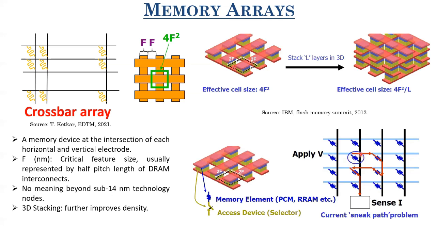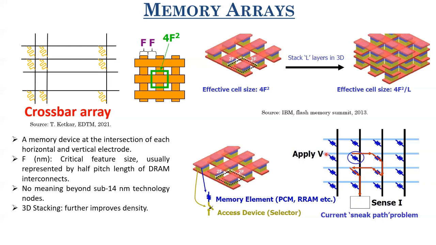Let's say this is the device which I want to read. Since it's at the intersection of this row and this column, I put my amplifier or sensing circuitry on this column and apply my voltage to this row, so that the current goes through this and then I read it out. To measure the resistance, effectively we can measure the current, and that gives you the resistance as well, if you know the voltage.